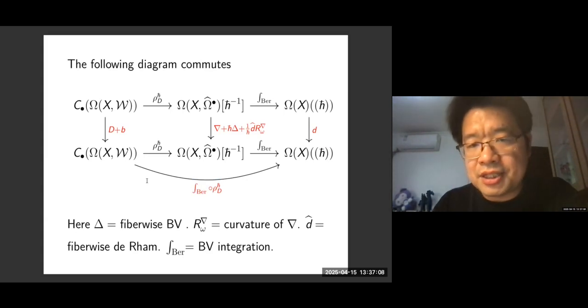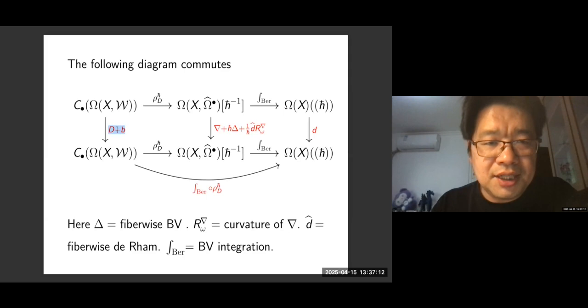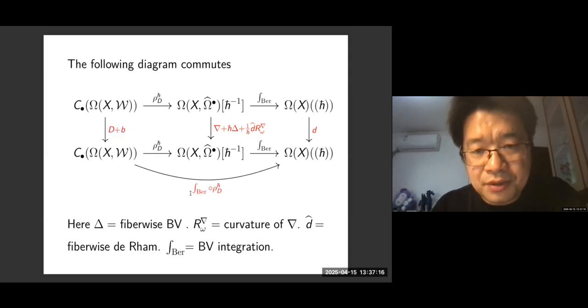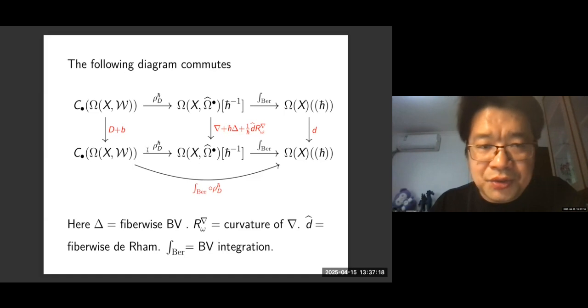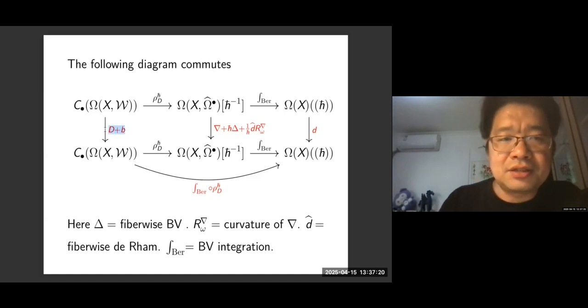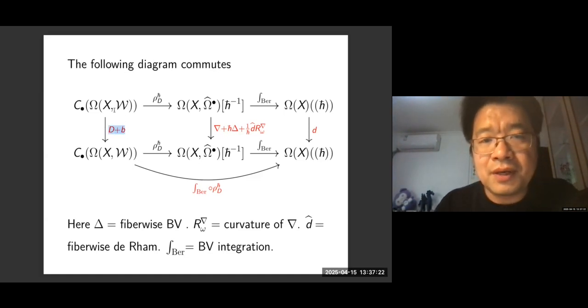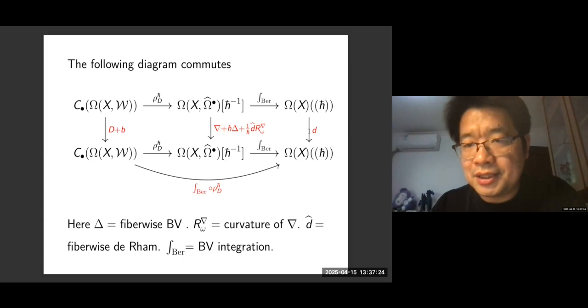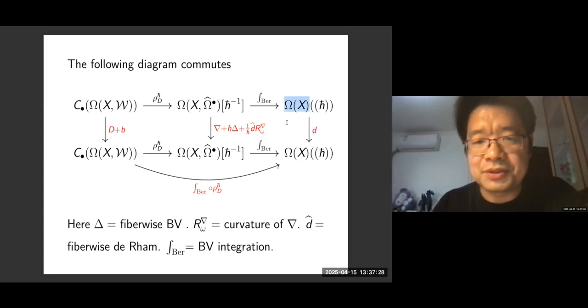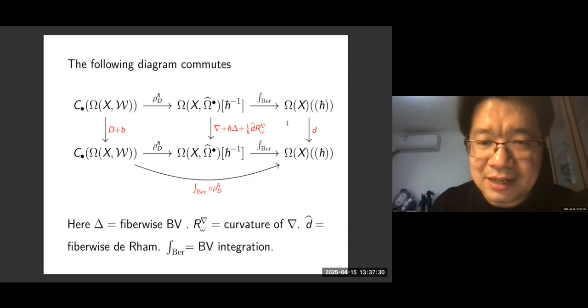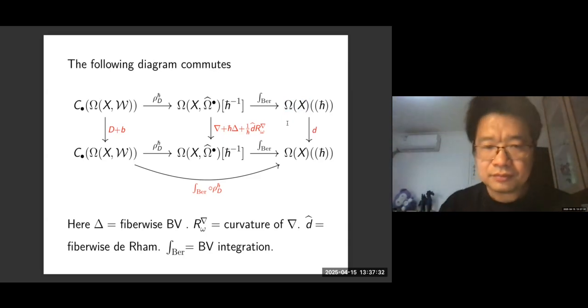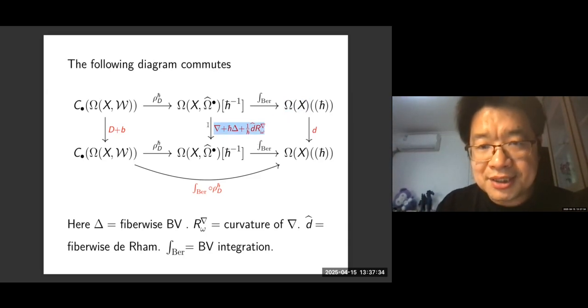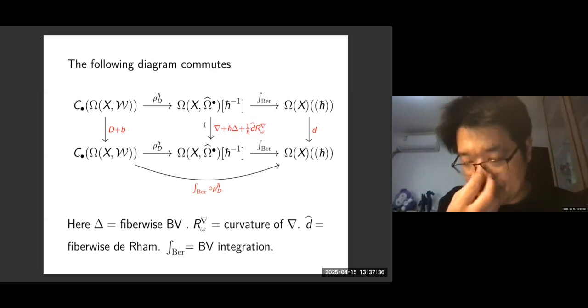You can show this composition basically intertwines. For example, here D is the flat Fedosov connection, B is the Connes differential. So this combination intertwines this Hochschild complex of the Weyl algebra with a very simple differential, just the de Rham differential on differential forms. And everything is very natural, actually. In the middle, there's something more complicated.